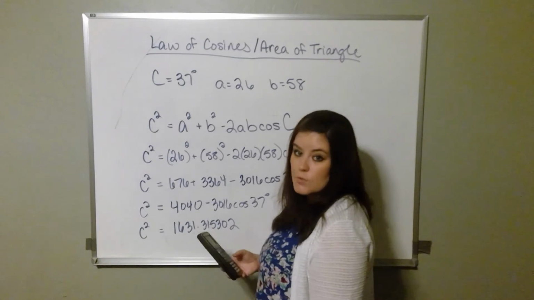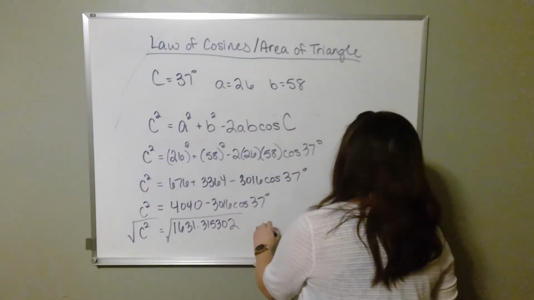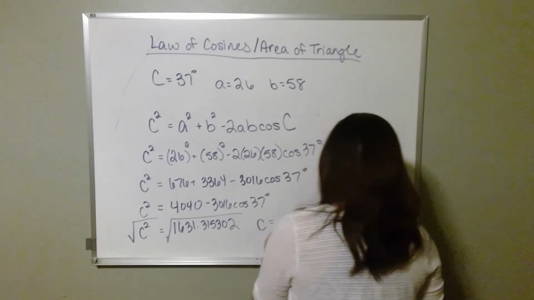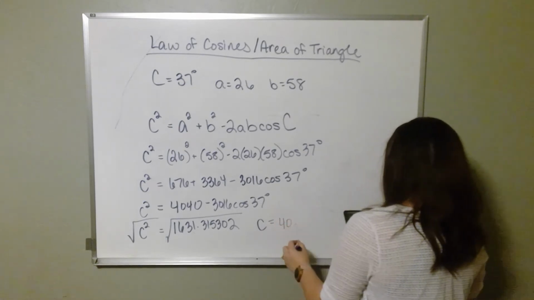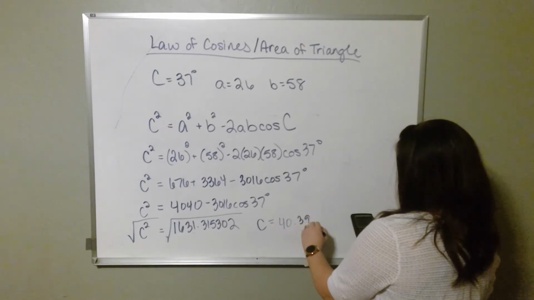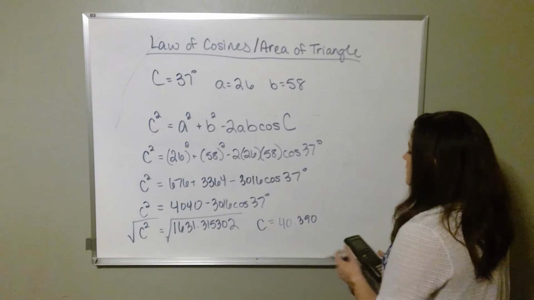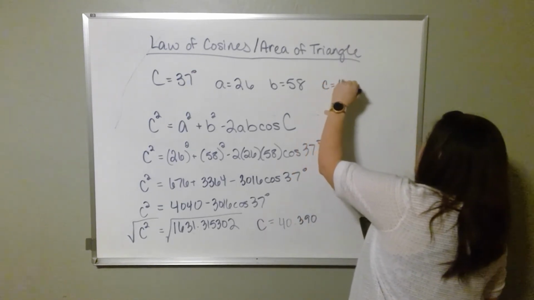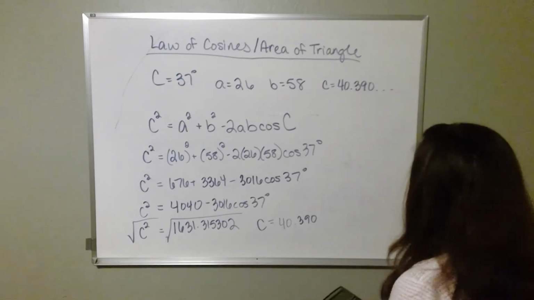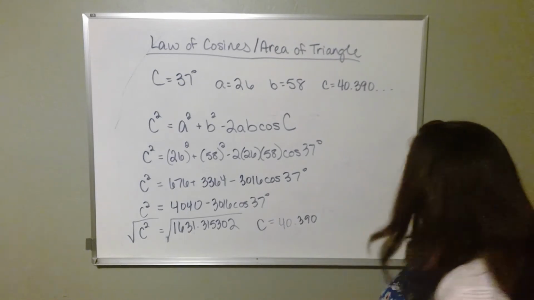Don't forget to square root this to get C. So when I square root, I get C equals about 40.3895, so it would have to be 40.390. Again, I'm leaving the decimals in my calculator, but let's call side C 40.390 and on. Remember, when you write your answers, round to however many places Alex wants you to.